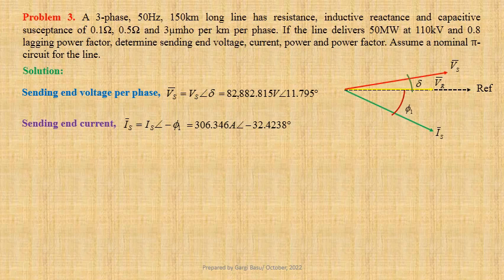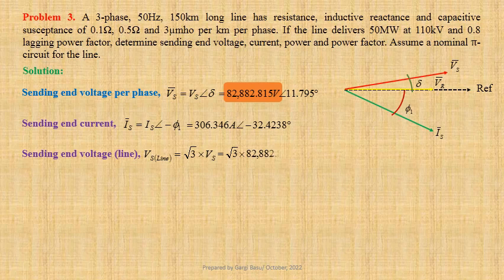For star connected system, line to line sending end voltage Vs line equals root 3 times Vs, that is root 3 into 82,882.815. That gives us 143.557 into 10 to the power 3 volt or 143.557 kilovolt.